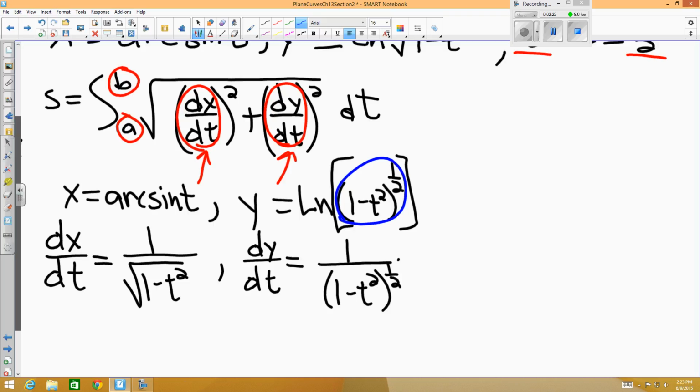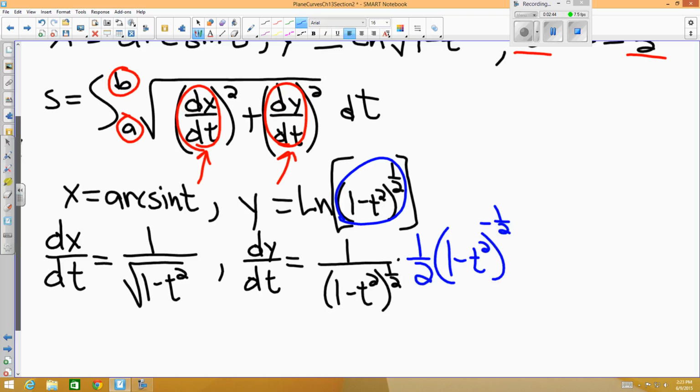So if we take the derivative of the 1/2 power, we're going to have 1/2 times 1 minus t squared to the negative 1/2. Remember, to take the derivative of an exponent, you bring down the exponent, in this case the 1/2, and you subtract 1 from it. 1/2 minus 1 is negative 1/2.